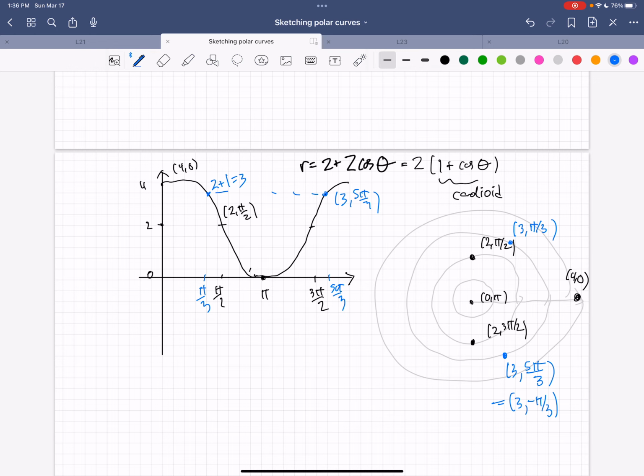Okay, what else? We can look at, let's say, 2 pi over 3. Then r is actually going to be equal to just 1. So at 2 pi over 3, we get a radius of 1. That's right here. And then at 4 pi over 3, we get the same idea, where we get a radius of 1.